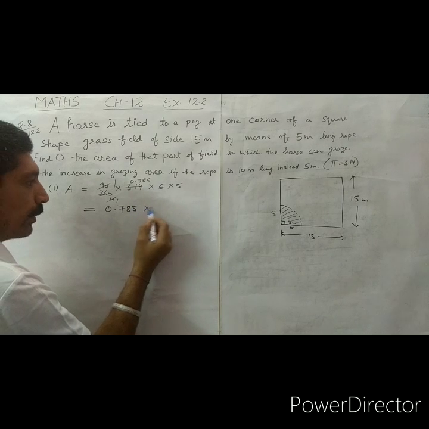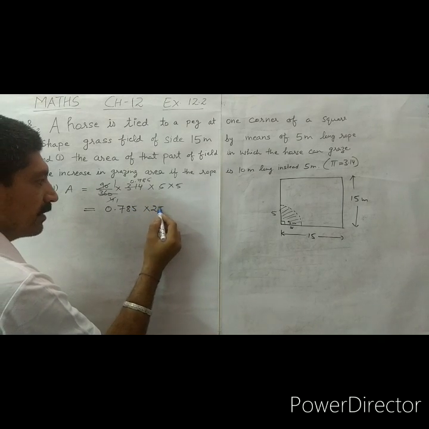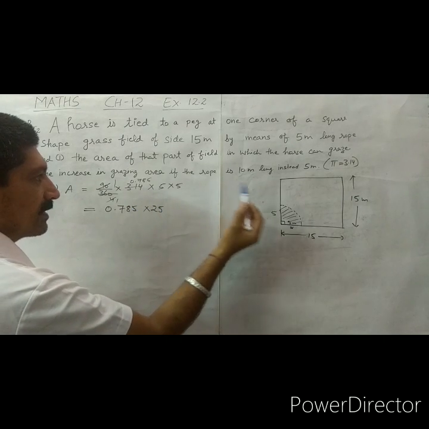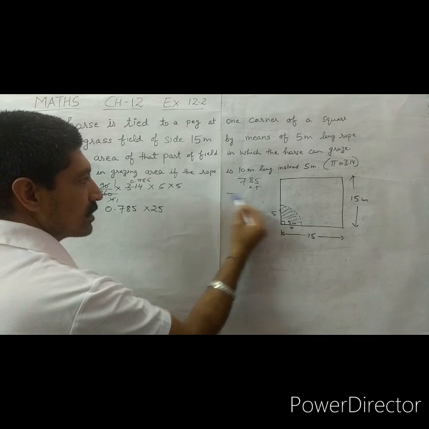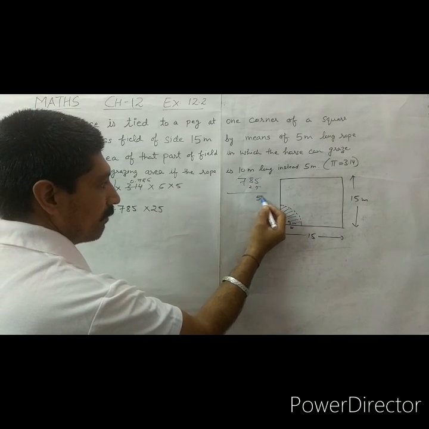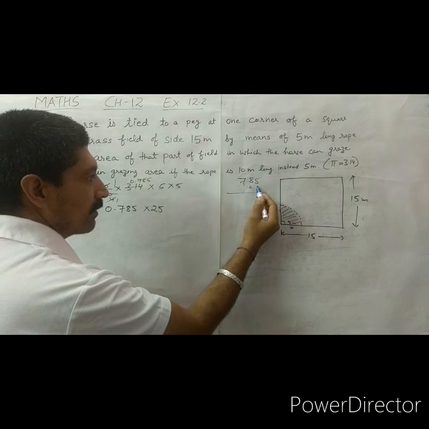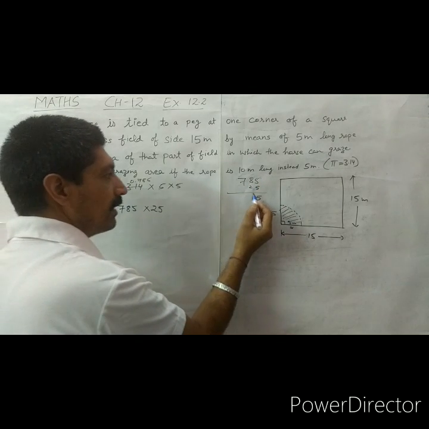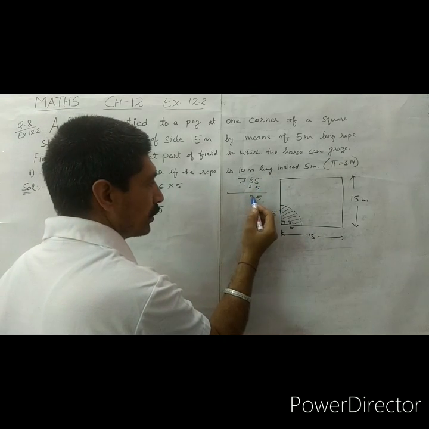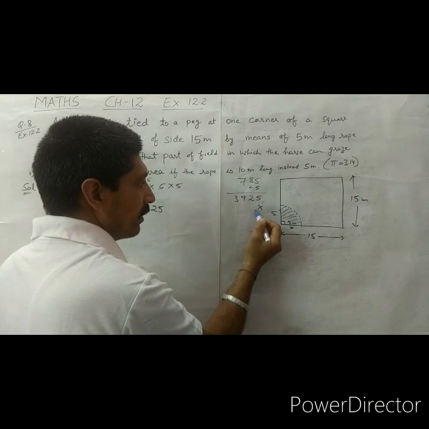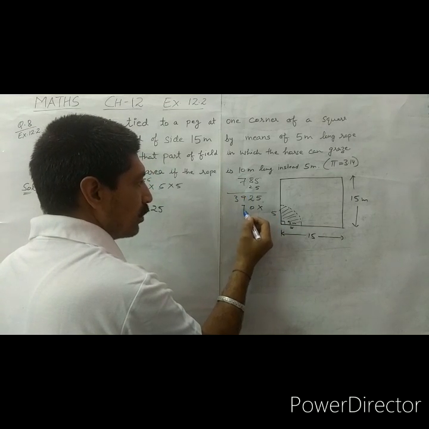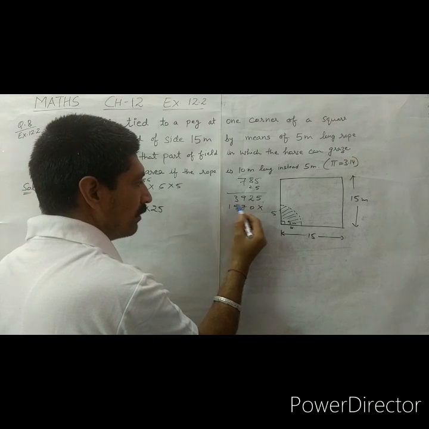So we have area is equal to 0.785 into 25. So here multiply 785 with 25. 5 5s are 25, 5 8s are 40, 40 plus 2 42, 4 carry 3, 5 is 39. 2 5s are 10, 16, 17, 14 plus 1, 15.